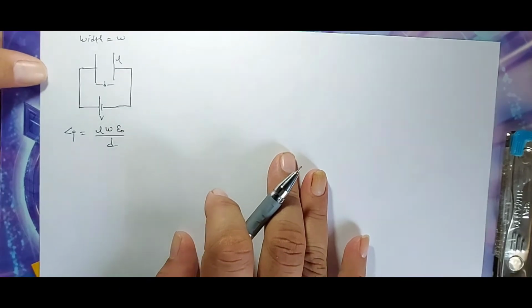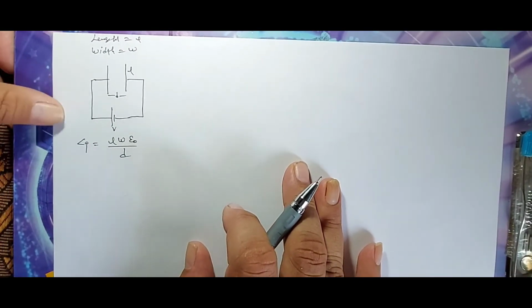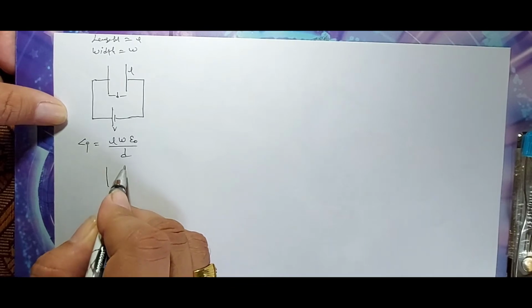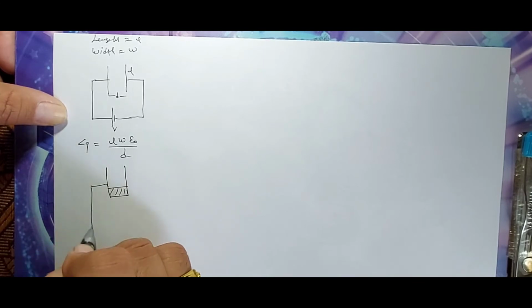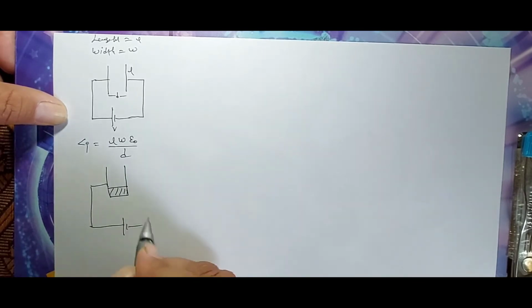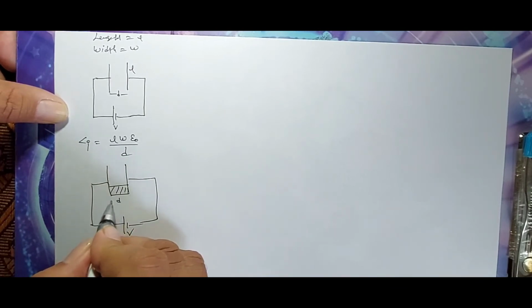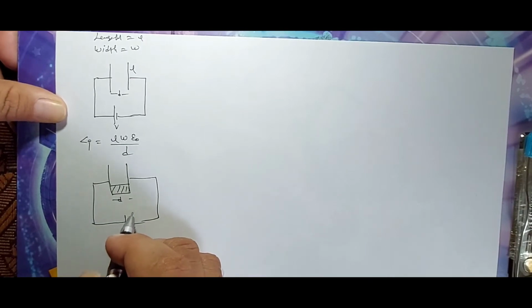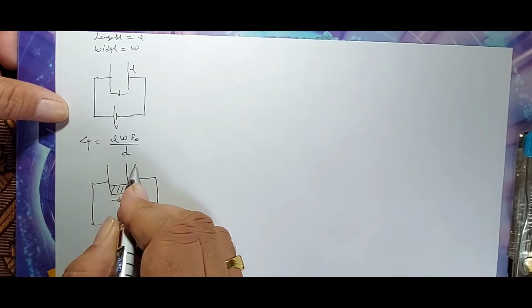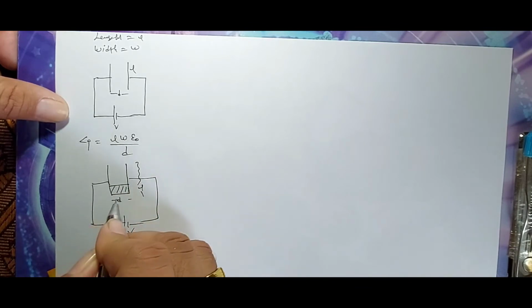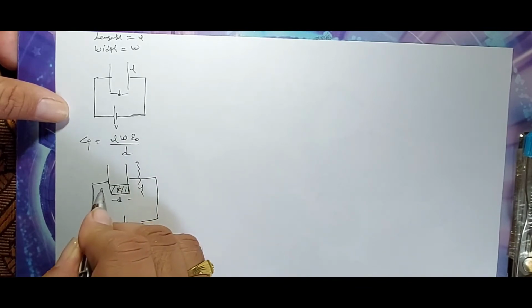Now, in this parallel plate capacitor, a dielectric slab is placed in between the plates of the capacitor. The total length is equal to L. This dielectric is placed up to what length?